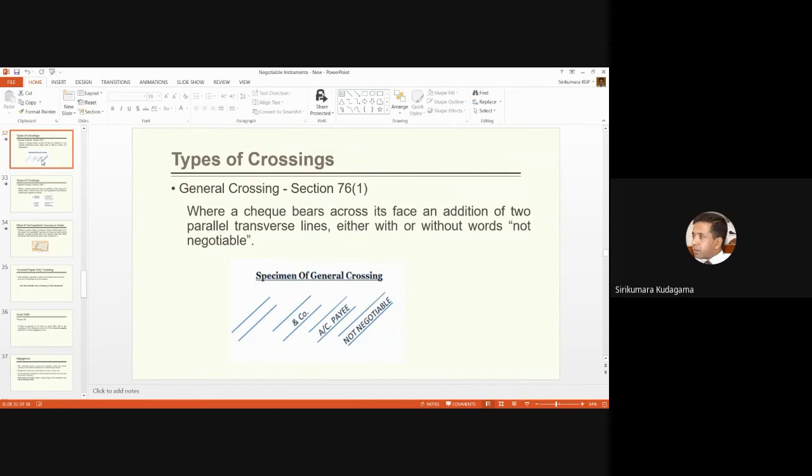That crossed check needs to go through a bank. It has to be presented through a collecting bank for the value. Where there is a crossing, there is a reservation, that it cannot be presented over the counter and encashed. It has to go through the clearinghouse, right?